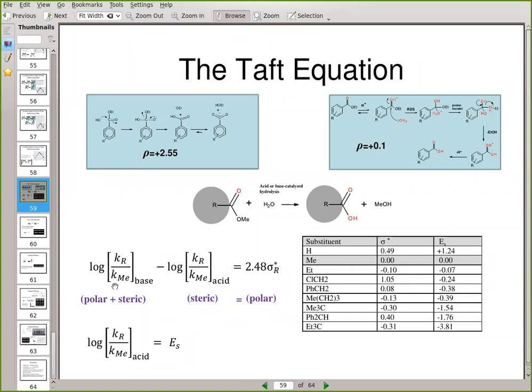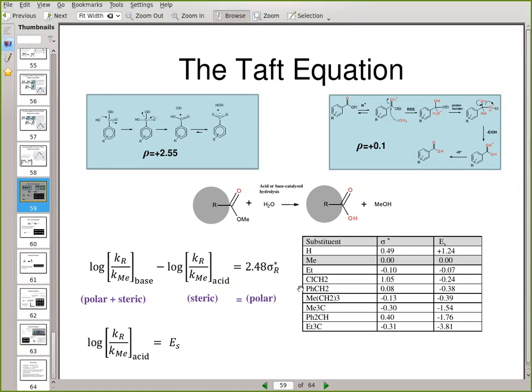But of course, the base catalyzed reaction includes both polar and steric components, while the acid catalyzed reaction has no polar components. It's only going to be influenced by steric components. So if we subtract the reaction in acid from the reaction in base, you can get rid of every steric problem and you'll be left with a polar component.